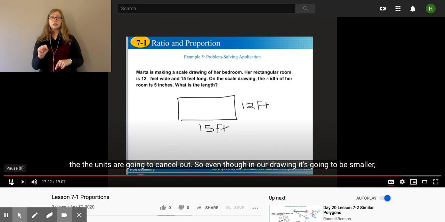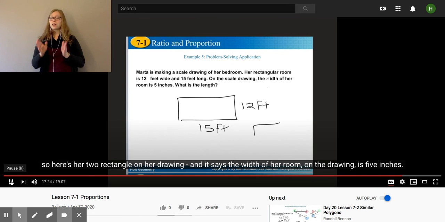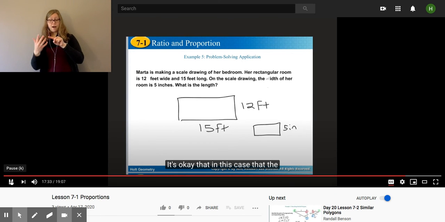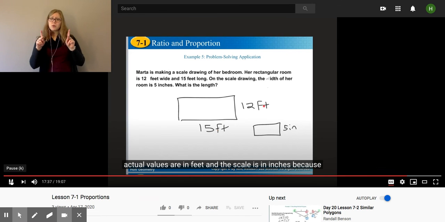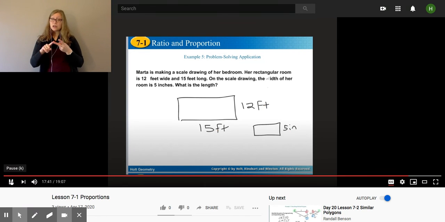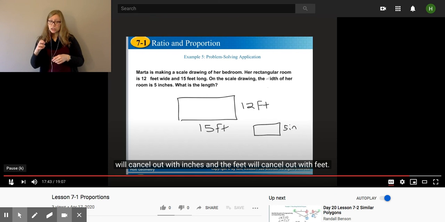So even though in her drawing it's going to be smaller, so here's her rectangle on her drawing, and it says the width of her room on the drawing is 5 inches. It's okay that in this case the actual values are in feet, and the scale is in inches, because the inches will cancel out with inches, and the feet will cancel out with feet.